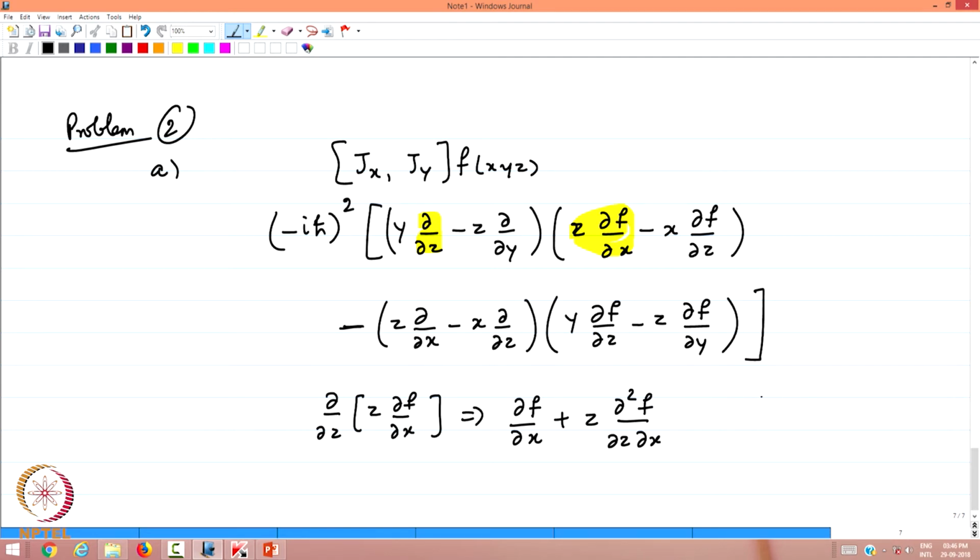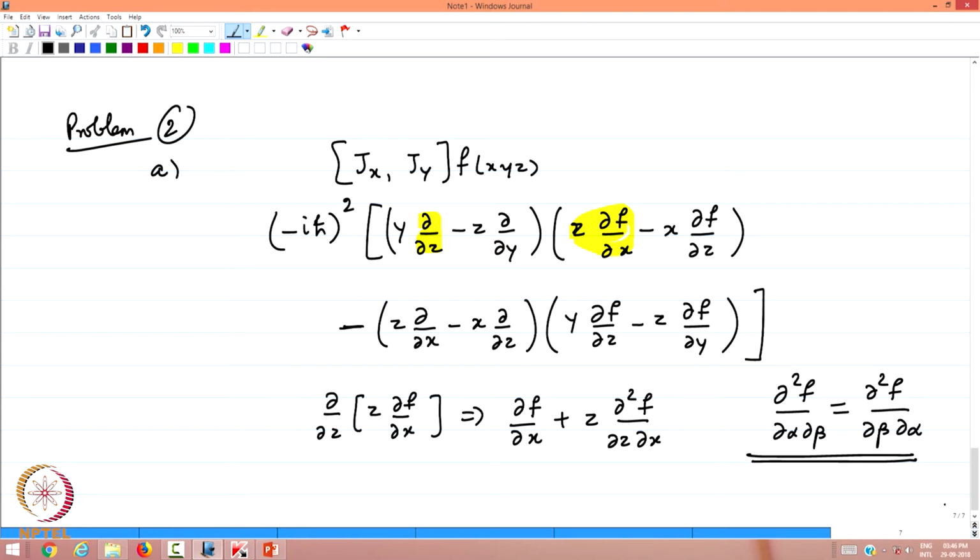And you must know that ∂²f/∂α∂β is, for a well behaved function, ∂²f/∂β∂α, the order of differentiation is irrelevant, and we would consider only those functions.